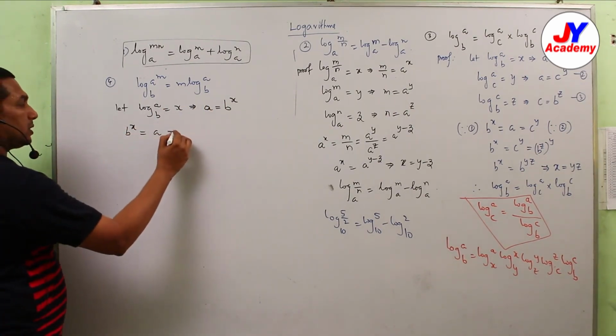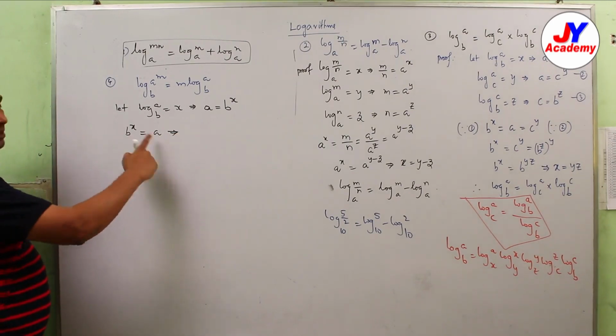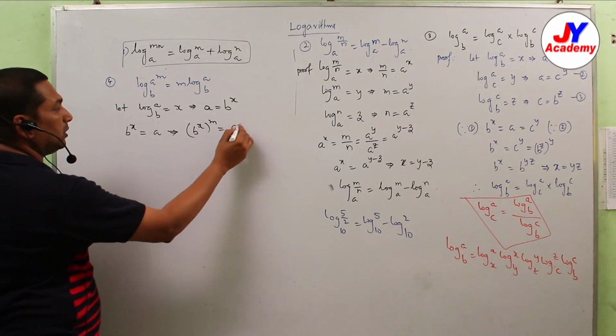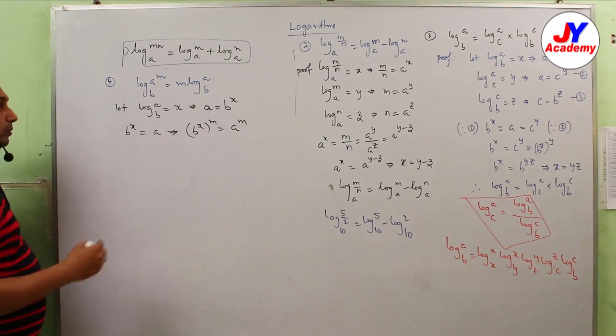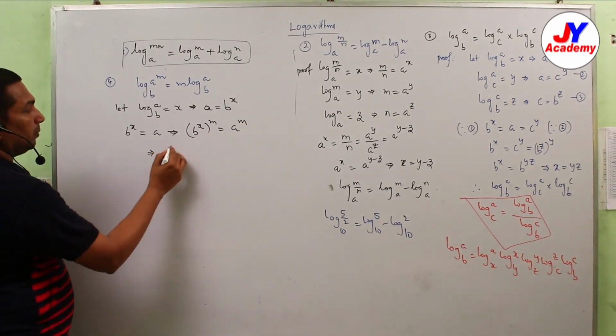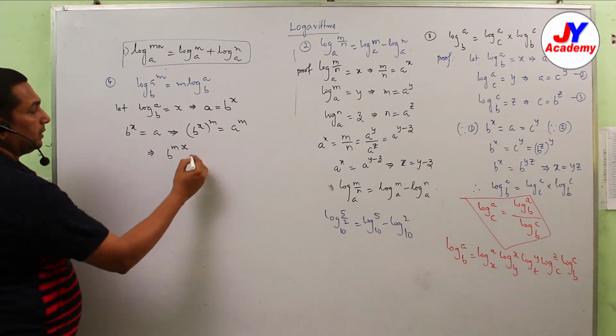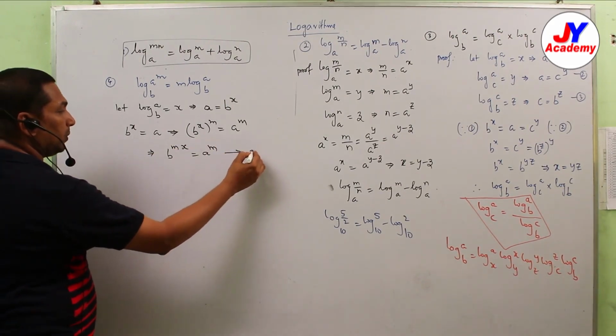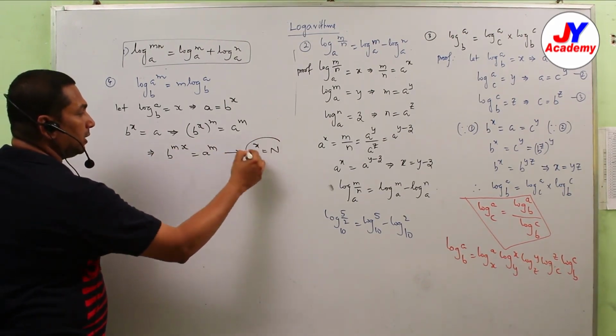Then powers of LHS and RHS raised to m. That means b power x whole power m is equal to a to the power of m. Now it is b power mx is equal to a to the power of m. So it is going to be compared with a power x is equal to n.